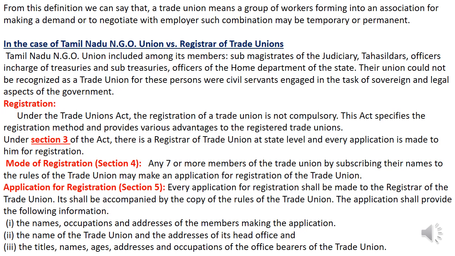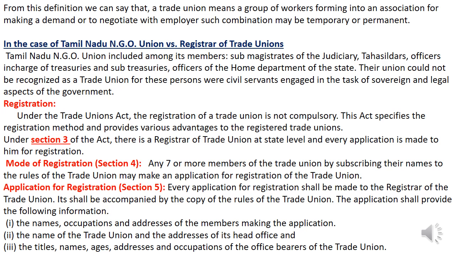All these persons cannot be recognized as a trade union because these are civil servants engaged in sovereign works and legal aspects of the government. All these civil servants who are engaged in the sovereign functions cannot form trade unions. So the Registrar of Trade Unions rejected it when they formed a union.